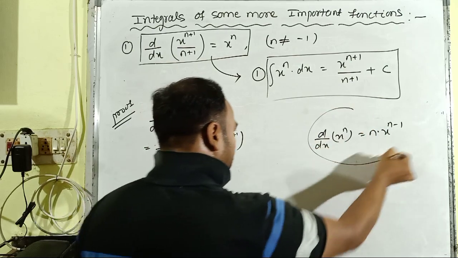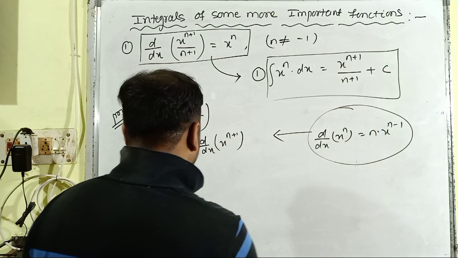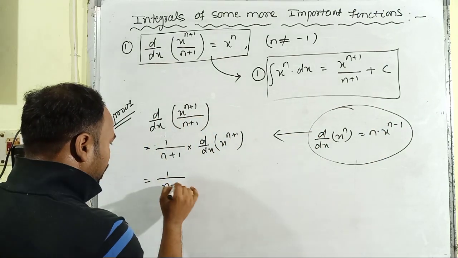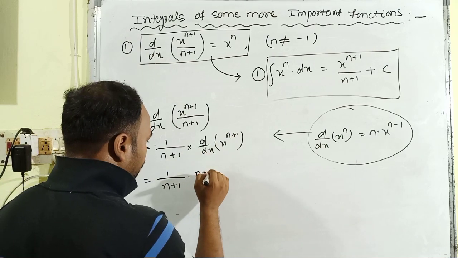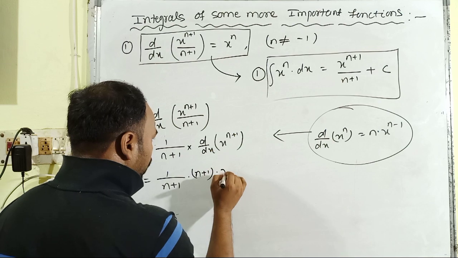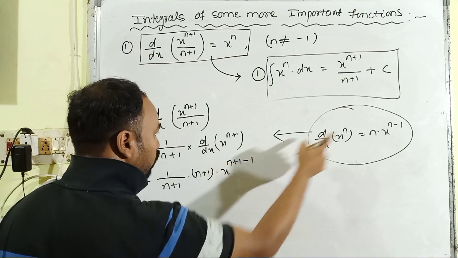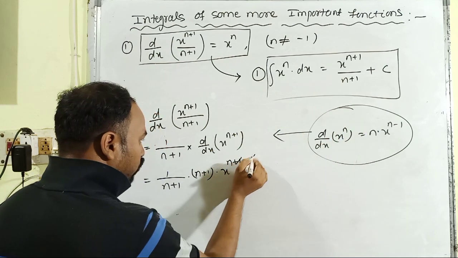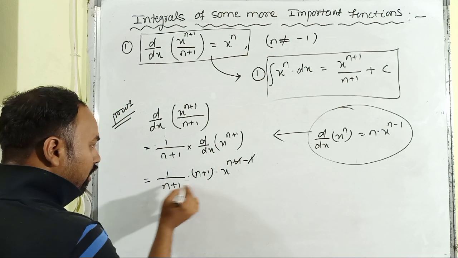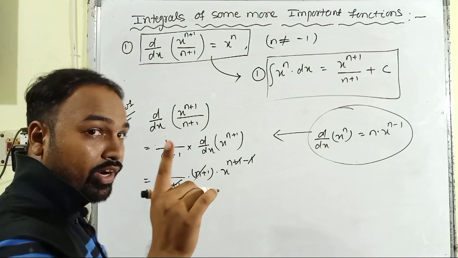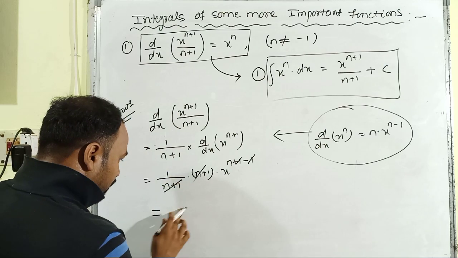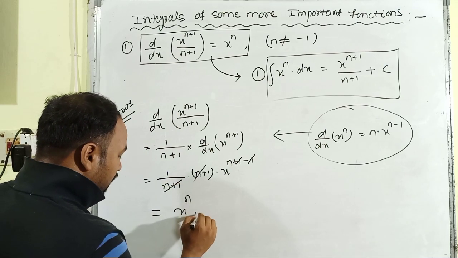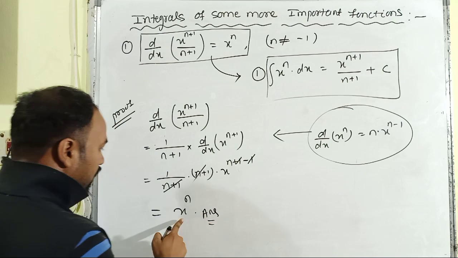By applying this here, we have 1 upon n plus 1, then n plus 1 into x to the power n plus 1 minus 1. Then plus 1 minus 1 cancel, and also n plus 1 from the numerator and denominator cancel. So we now have x to the power n as our result.